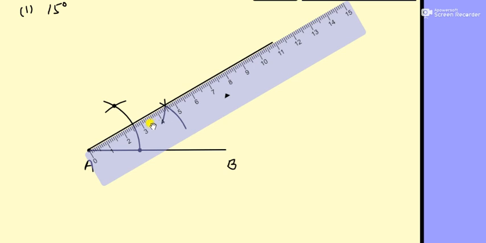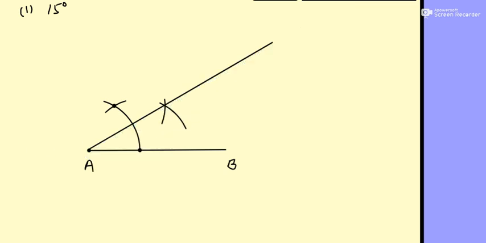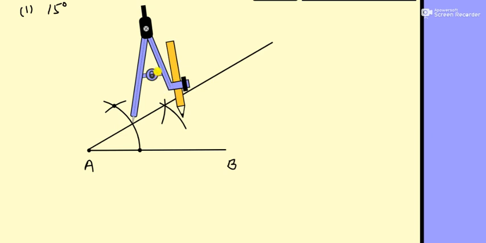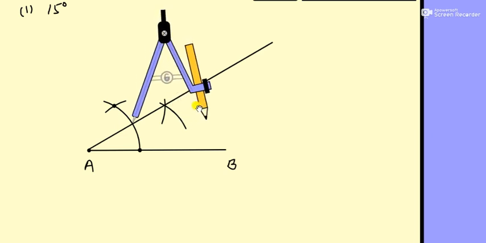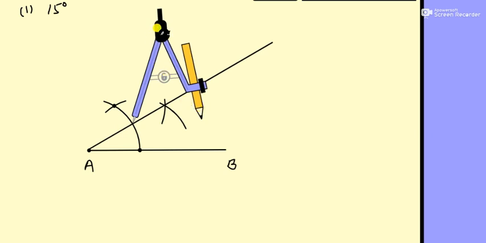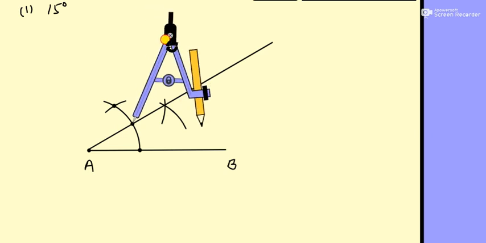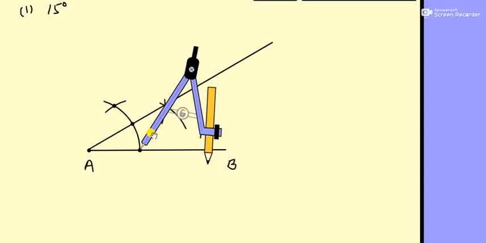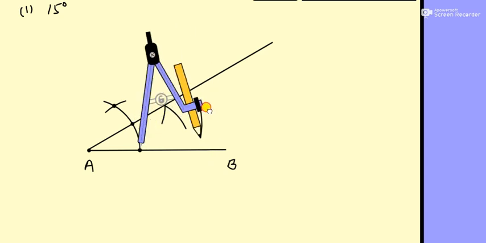Yes, now remove the scale, and once again take the compass, and put it here at this point, make the distance somewhat large, and make an arc like this, and once again take this point and make an arc like this.